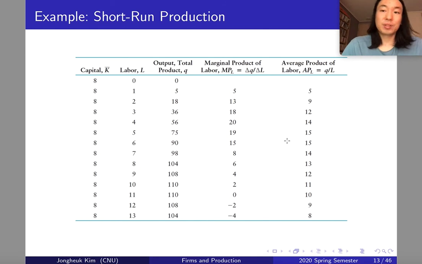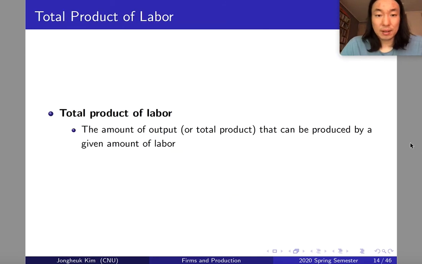Okay, so this is the table, and now we carefully define each of the pretty important concepts. The total product of labor is the amount of output, the total output at this point, that can be produced by the given number of labor, because we don't think about the capital at this point, because we are living in the short-run situation.